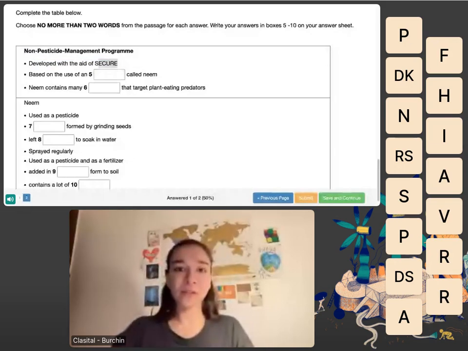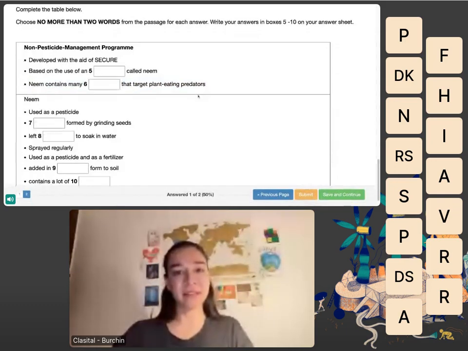Now it looks to me as a keyword: developed with the aid of secure, based on the use of something called neem. So this is a keyword too. I will look for the secure and the neem. These are my keywords. Neem contains many blah blah that target plant eating predators. Okay. Yes, plant eating.